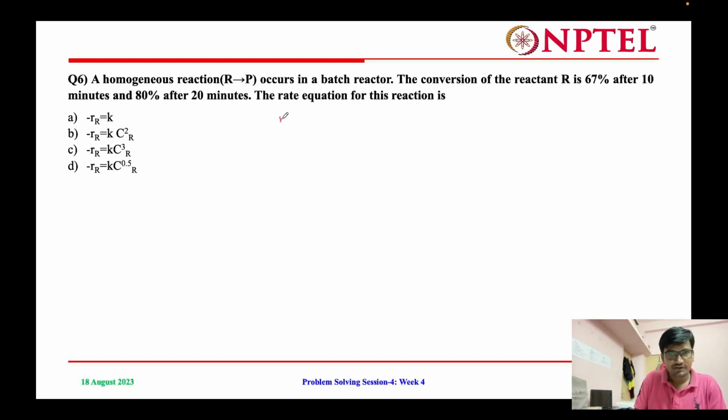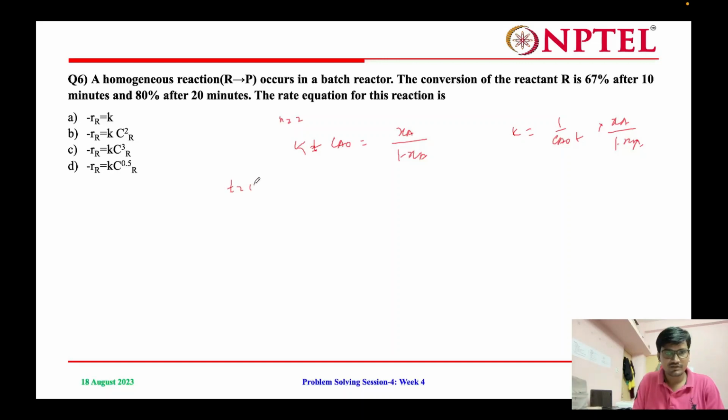For second order, n is equal to 2. So the rate equation is k t C naught equal to 1 by x, that is k t C naught equals x by 1 minus x.